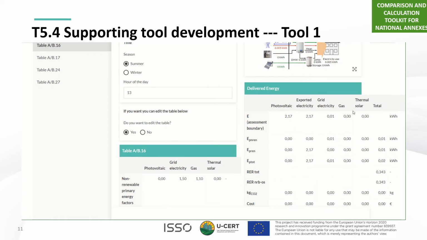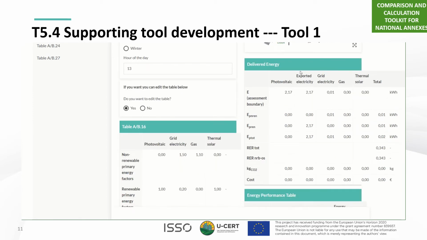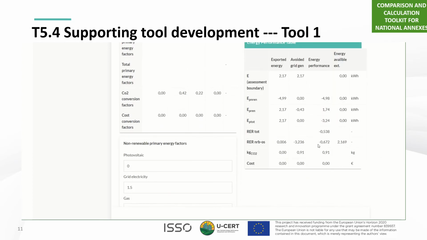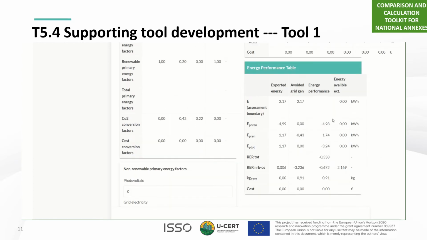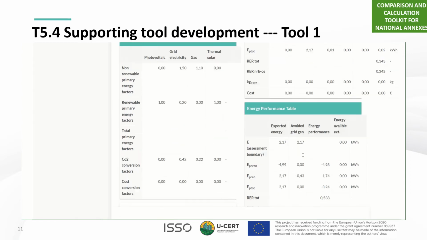Here on the right we have two different tables. The first one is related to step A of the building's energy balance, while the second one is related to step B, which depends on the key exported factor that we will see now.